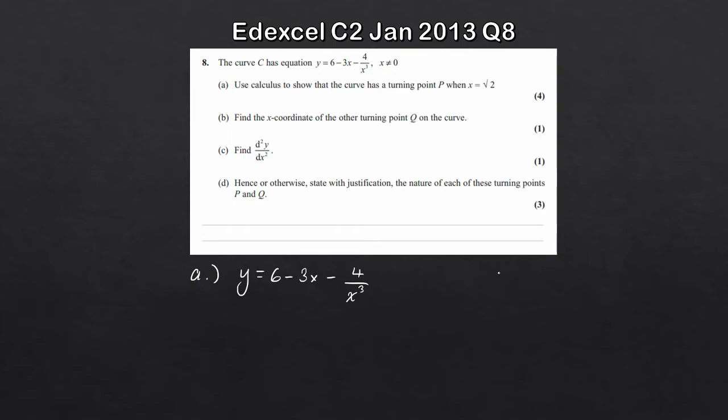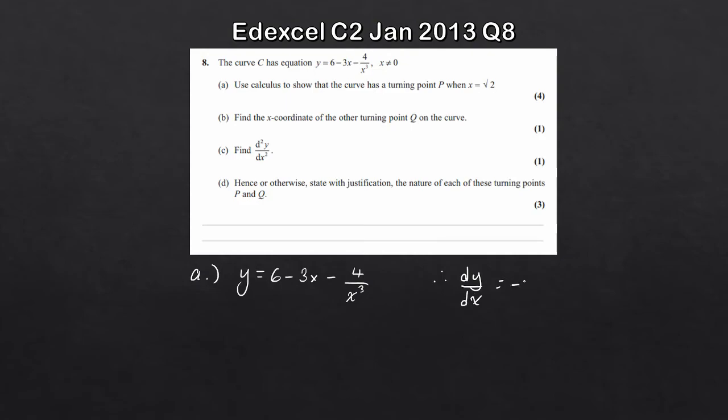Now you see that phrase though, you use calculus, that just means differentiate basically. It could mean integrate, but seeing as we've got a turning point, we have to differentiate to work out that turning point. So if we differentiate this curve, what will that give us? Well, 6, because it's constant, will just become 0, so we won't bother with that.